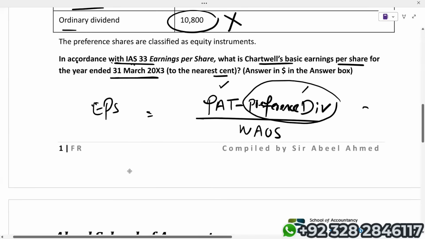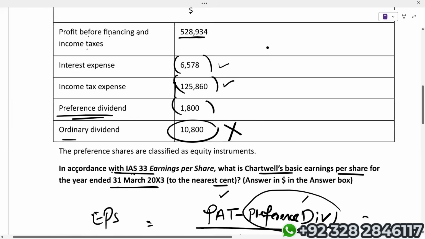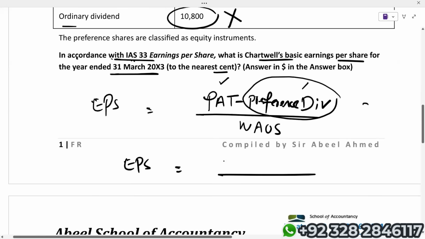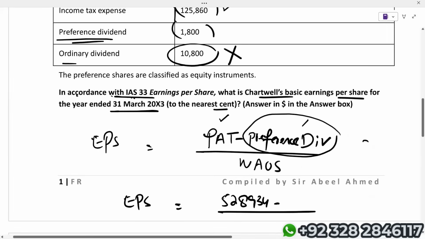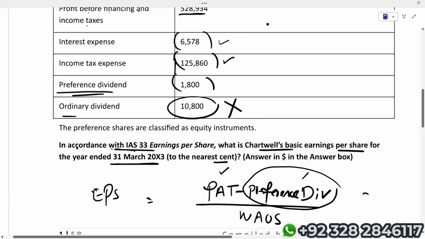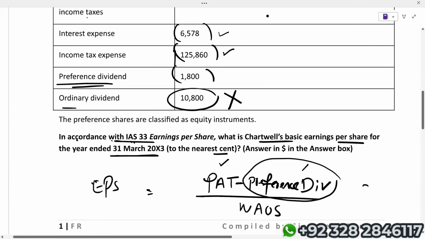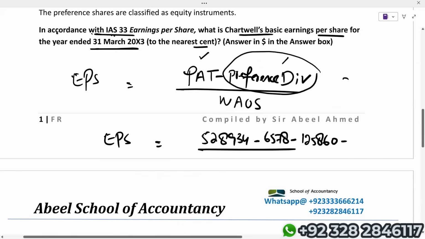So it means that earnings per share is equal to 5,28,934, if I'm not wrong, minus the interest as well, 6,578, minus income tax, 1,25,860, minus preference dividend, 1,800.